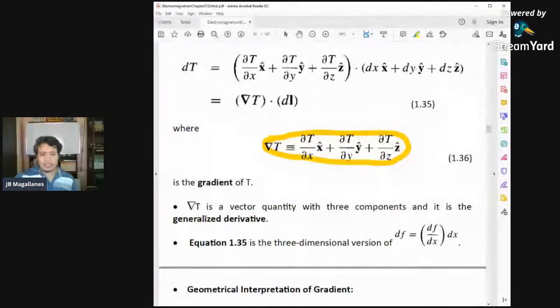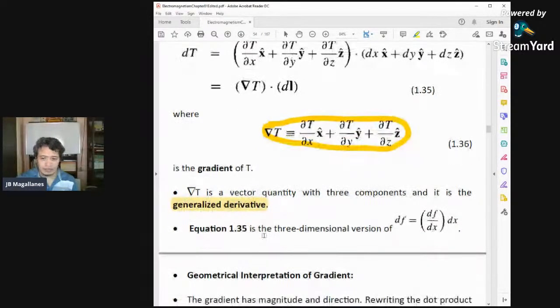The gradient of t is a vector quantity with three components. And this is a generalized derivative of t. Generalized derivative, the gradient. So equation 1.35 is the three-dimensional version of the derivative.